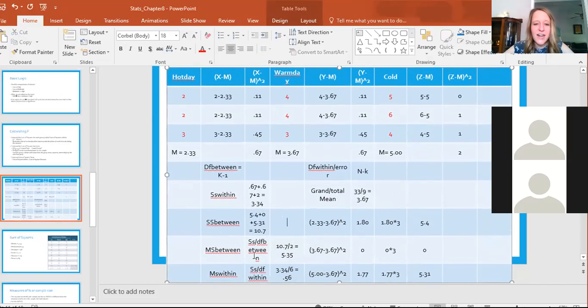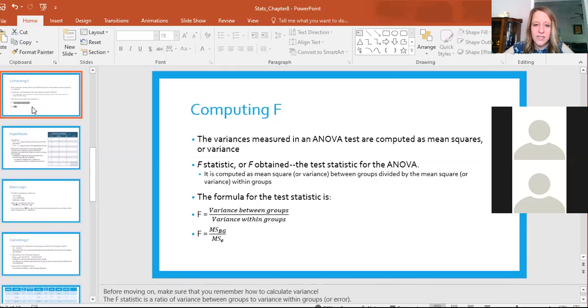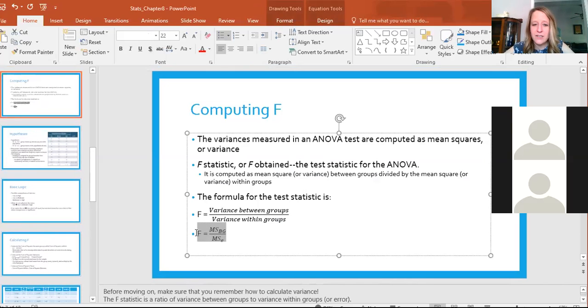All right, so we've got our mean square between and our mean square within. If we want to get our F, F is mean square between divided by mean square error, or mean square within.